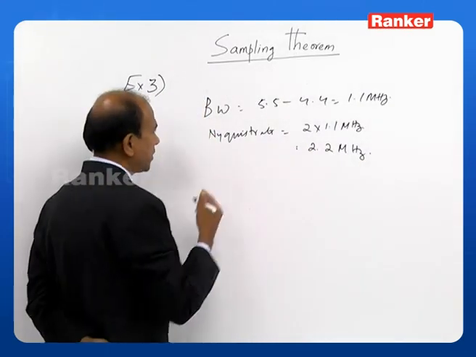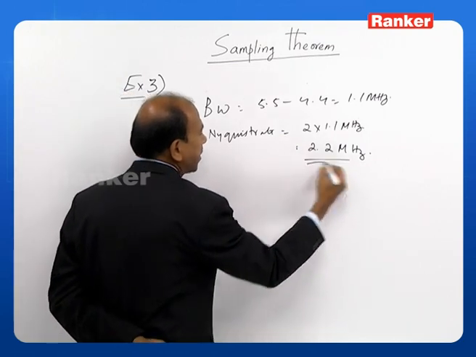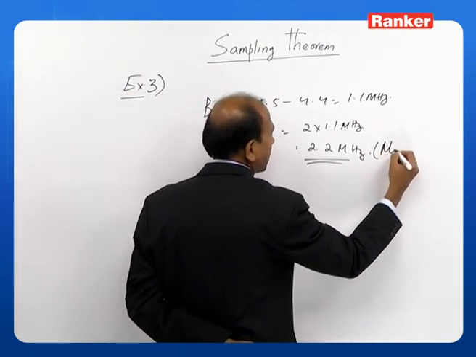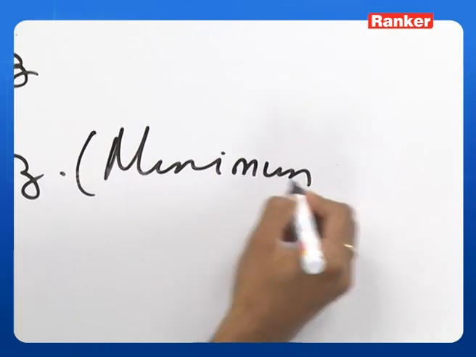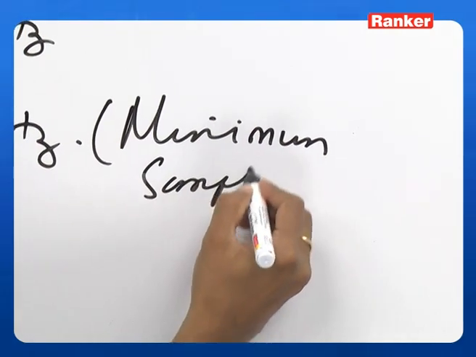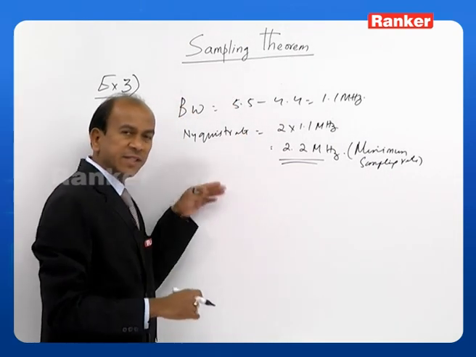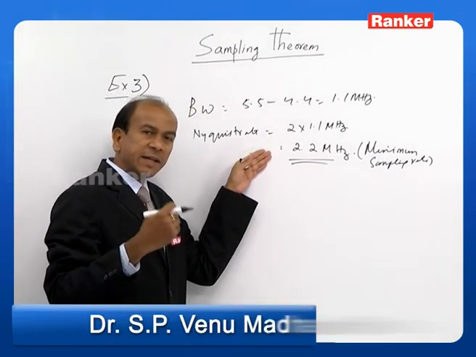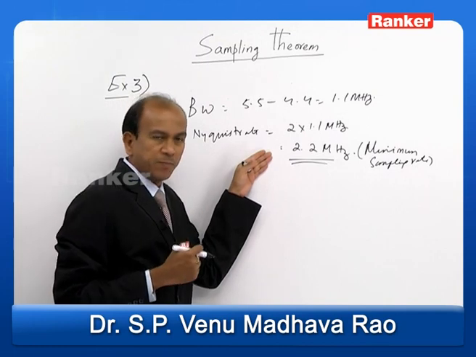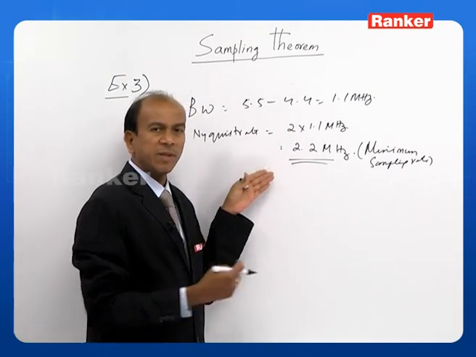And this is the minimum sampling rate, because the Nyquist criterion says that it must be greater than or equal to 2 Fm. So, we are taking it equal to 2 Fm, that is the lowest value.